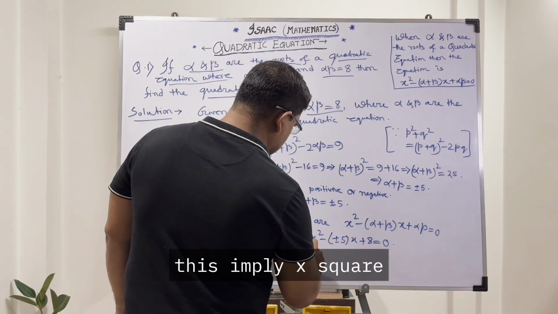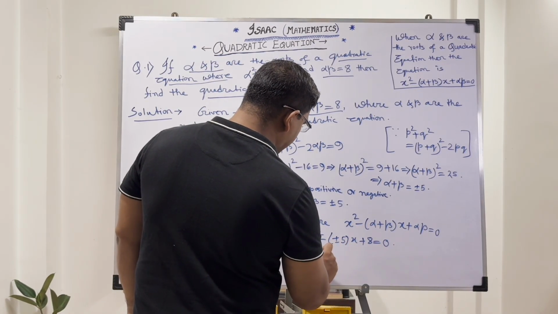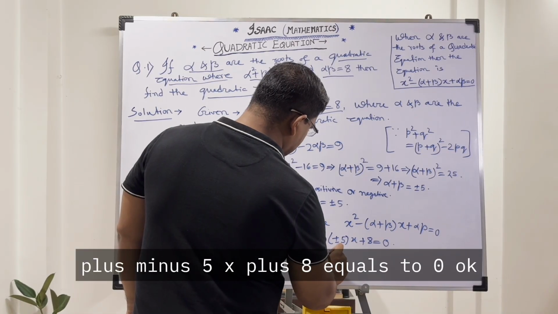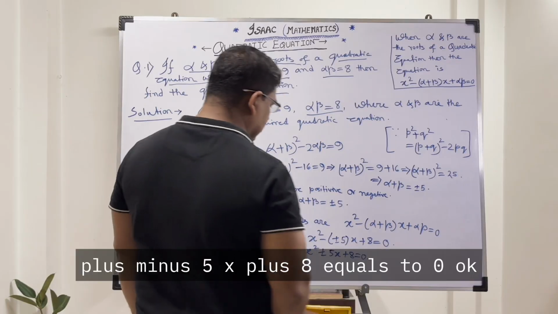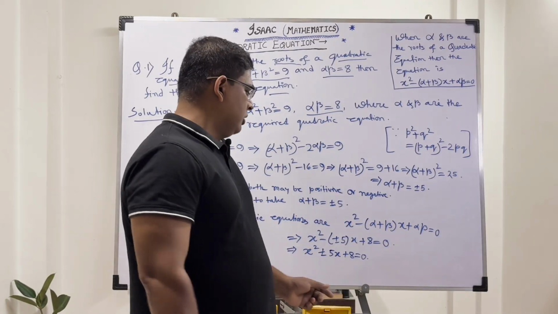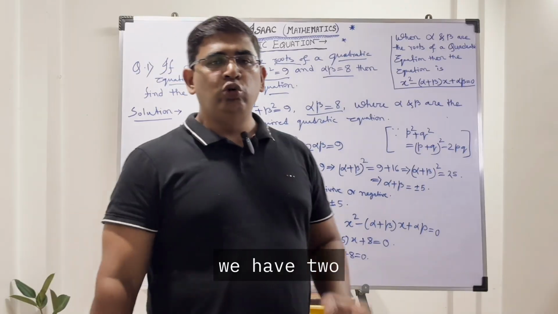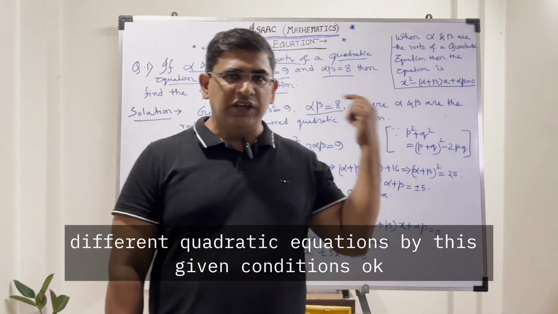This implies x square plus minus 5x plus 8 equals 0. So we have two different quadratic equations by these given conditions.